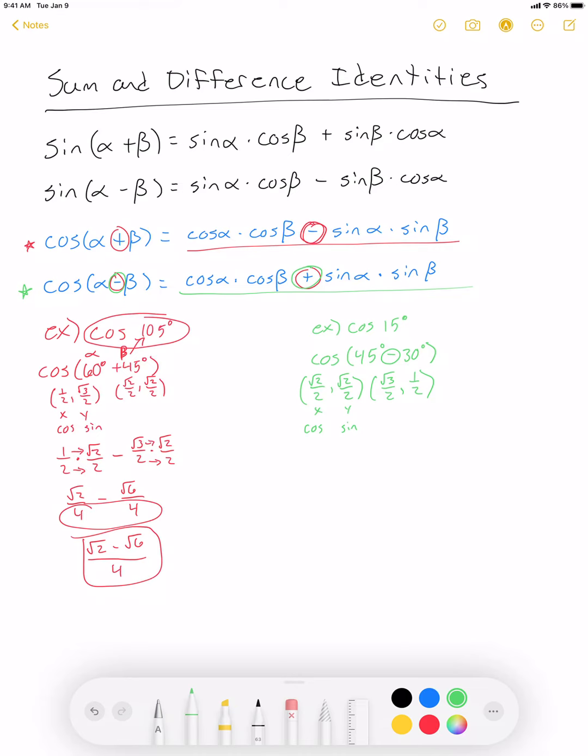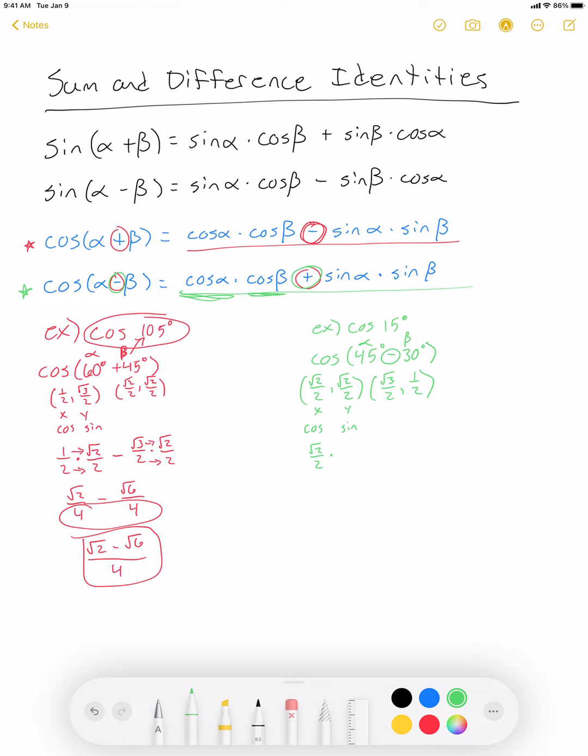Following this formula, what is the cosine, or x value, of my first angle in these parentheses, which is 45 degrees? The cosine of 45 degrees is radical 2 over 2, times the x value, or the cosine of beta, the second value inside the parentheses, 30 degrees.